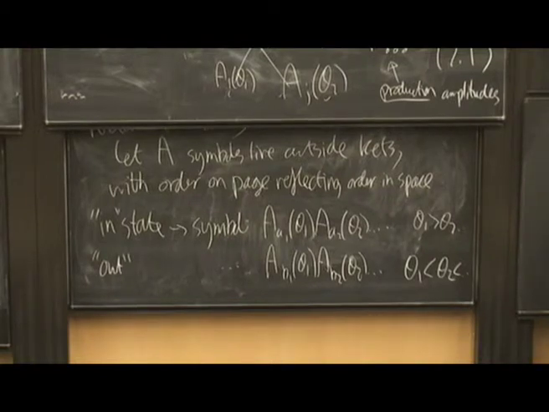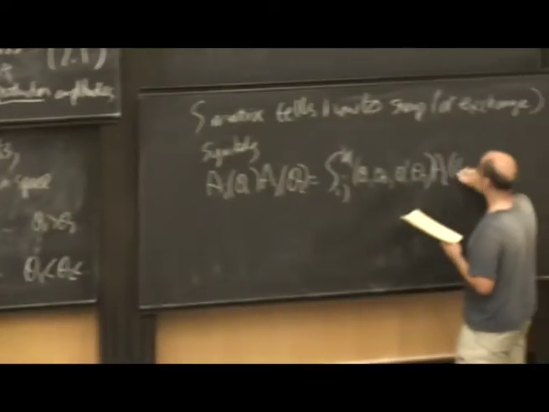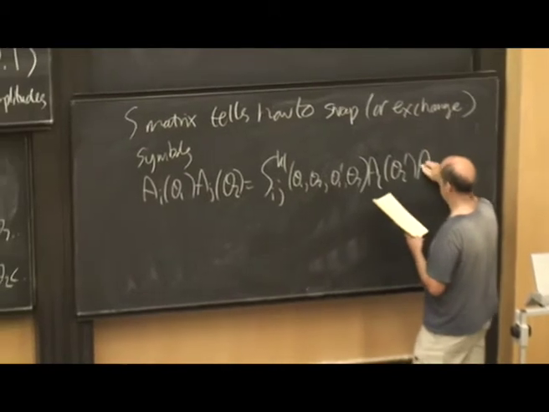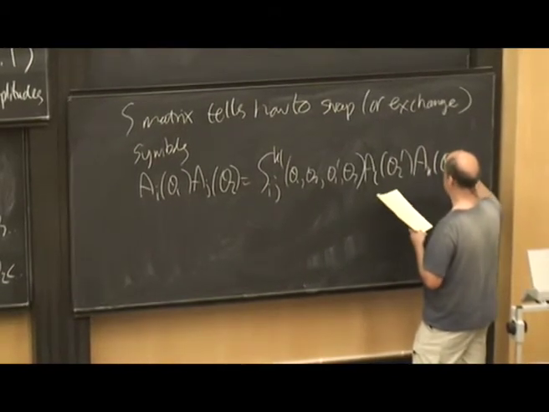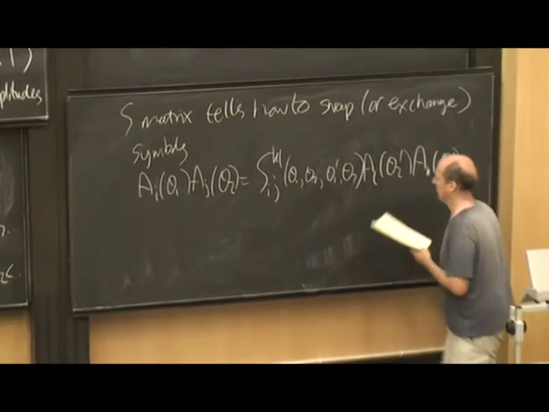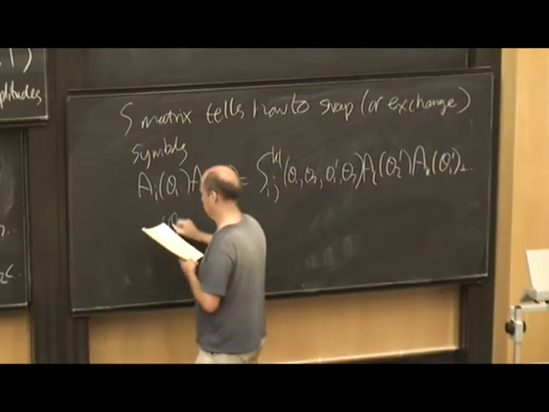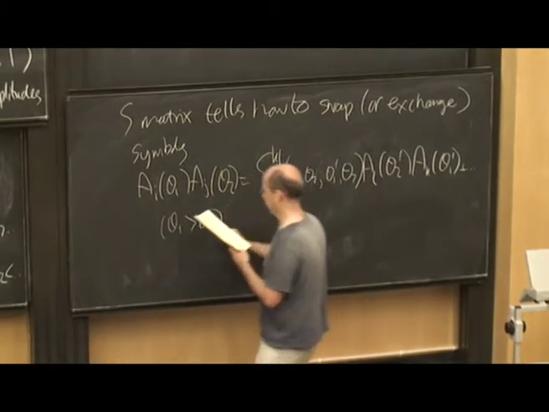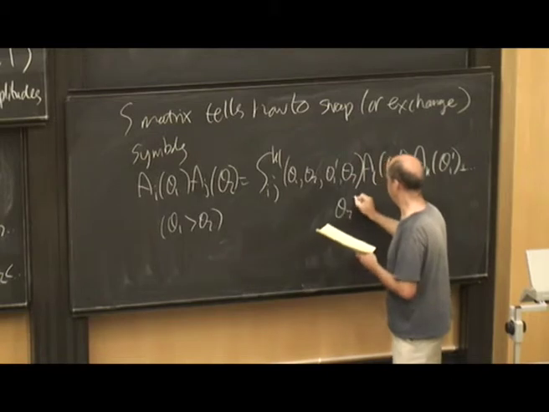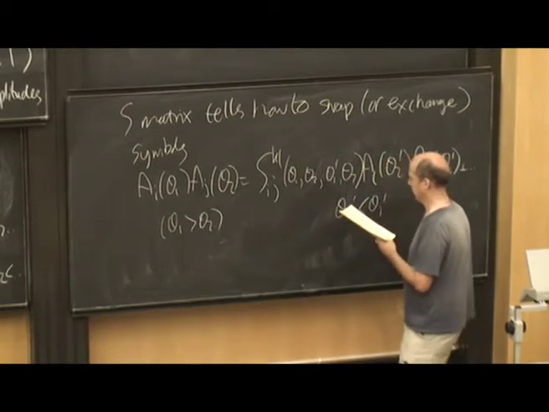So A_I of theta 1, A_J of theta 2 is S_IJ^KL of theta 1, theta 2, theta 1 prime, theta 2 prime, A_L of theta 2 prime, A_K of theta 1 prime, plus dot dot dot, where theta 1 is bigger than theta 2 on this side, and theta 2 prime is less than theta 1 prime on this side.